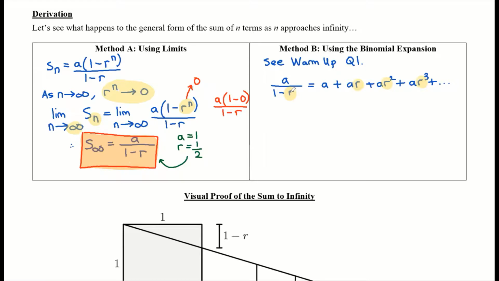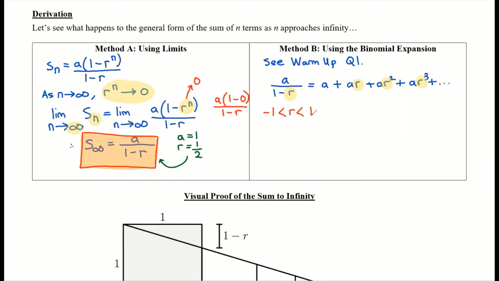And you'll know from the expansion that we did earlier that the r value has to be between -1 and 1. And this makes sense, doesn't it? Because when you raise proper fractions to powers or multiply by other proper fractions, the values get smaller and smaller. So that's the reason.